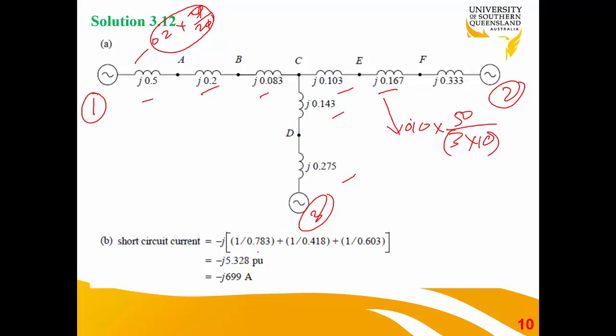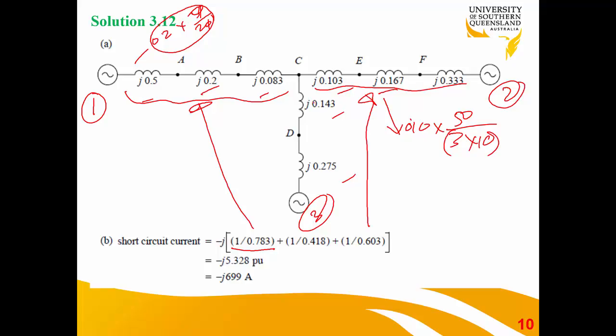This is the first component. This is your 0.7, coming from this part. And then this one is 0.1. This is 3, 4. This one is, I think, this part, and then this component.